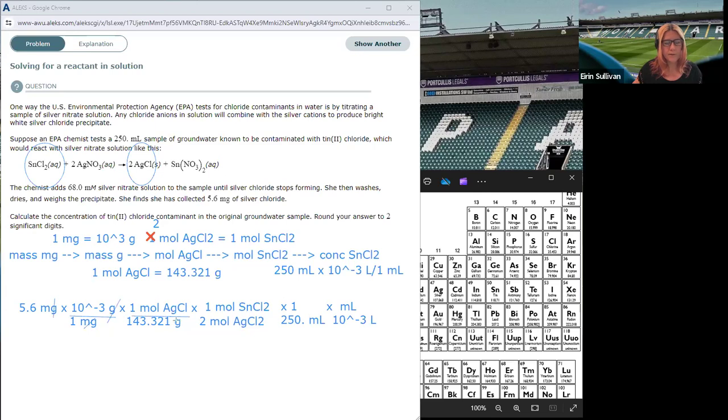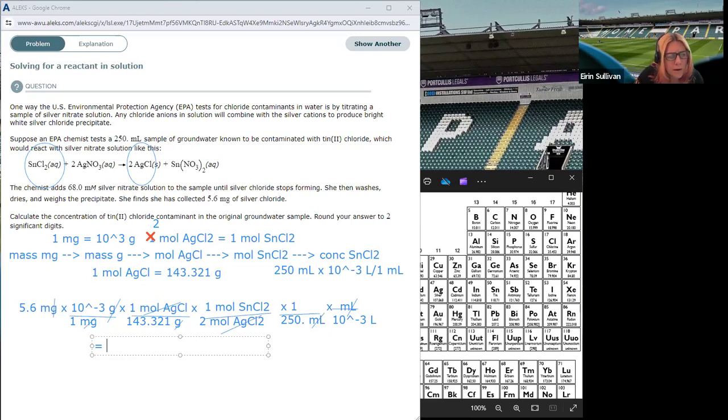So milligrams cancel, grams cancel, moles of silver chloride cancel, okay, and then milliliters cancel, and I end up with moles of tin 2 chloride per liter, which is molarity. That's what we're asked for. Okay, 5.6 times 10 to the power of minus 3 divided by 143.321 divided by 2 divided by 250 divided by 10 to the power of minus 3 gives me a very small number.